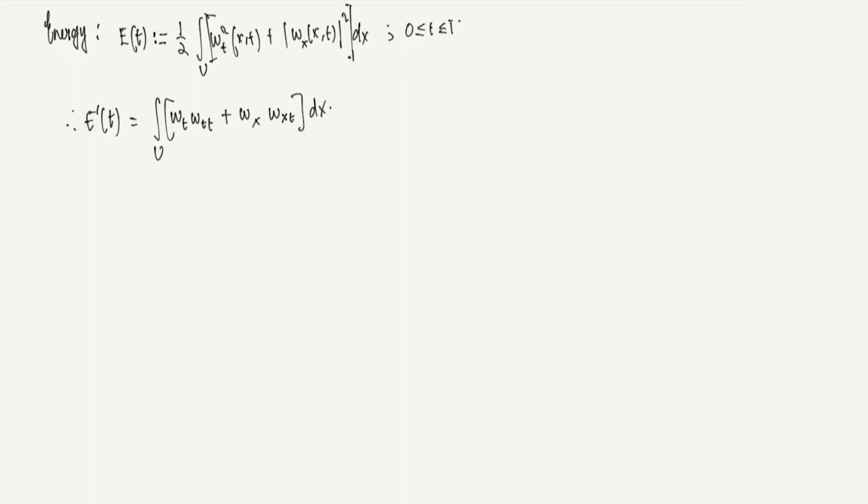I'm just taking the derivative with respect to t. That 2 part will go out, so this 2 and 2 get cancelled. That's why we are not writing it. So this becomes WT and W.